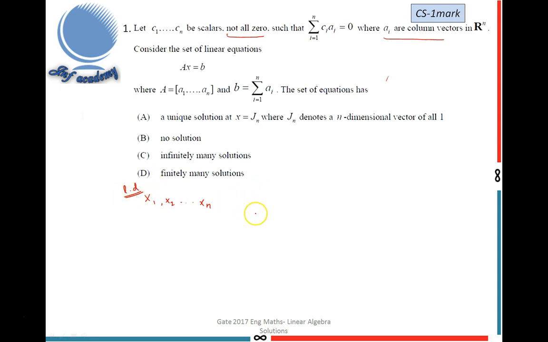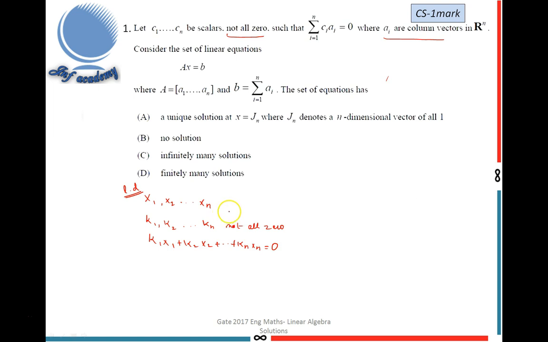The vectors x1, x2, etc., xn are said to be linearly dependent if we can find scalars k1, k2, etc., kn, which are not all 0, such that k1 x1 plus k2 x2 plus etc. kn xn equal to 0. This is the definition of linearly dependent vectors.